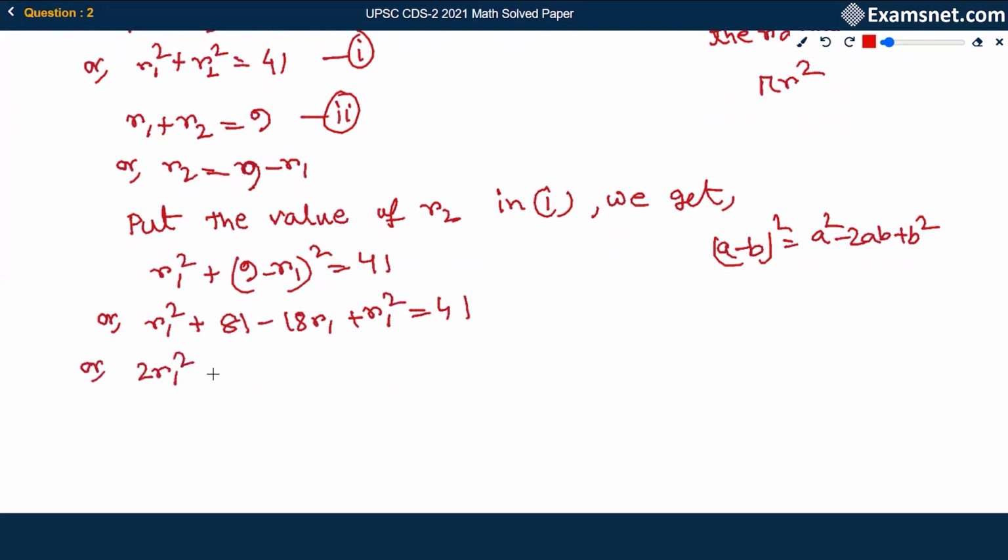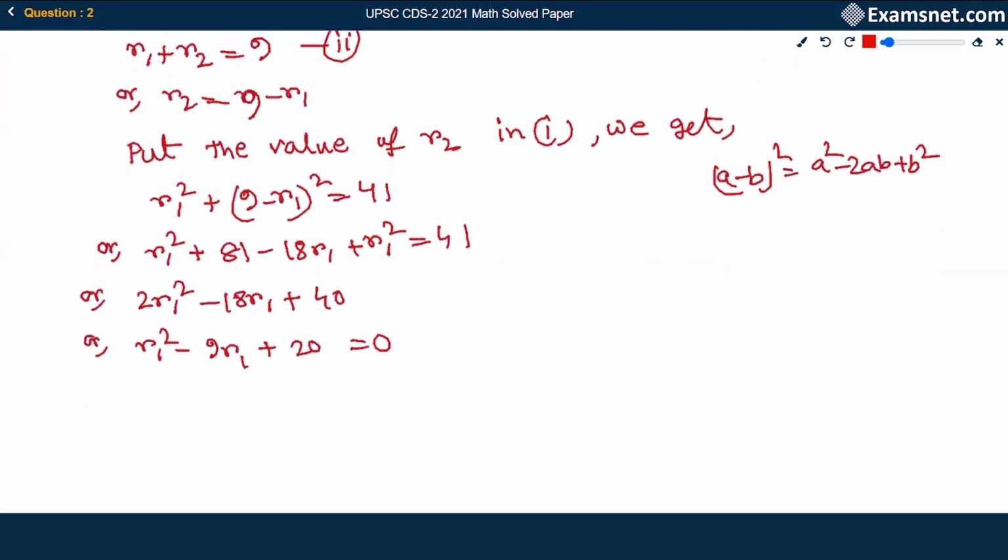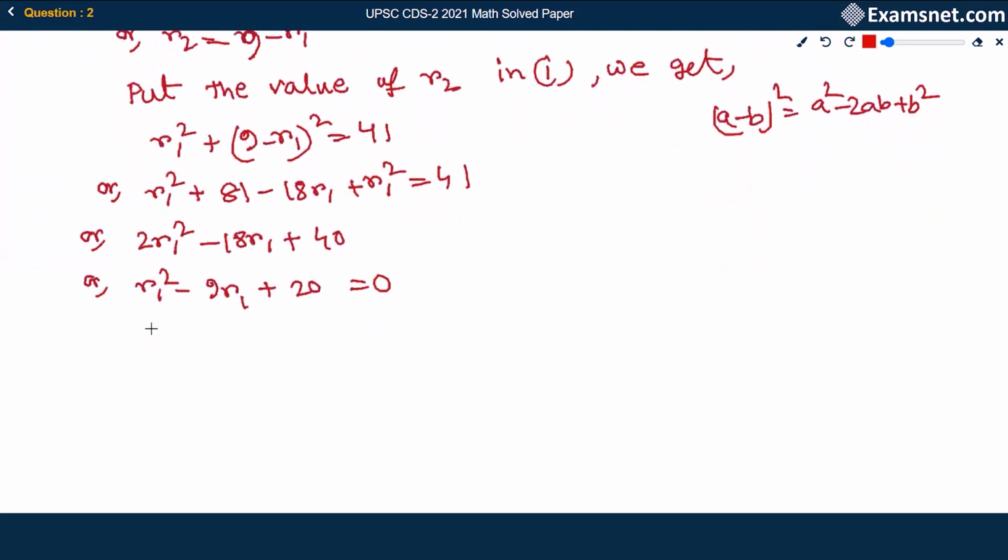So here, we get 2R1 square minus 18 R1 plus 40 equals 0. Now we can easily take common 2, giving R1 square minus 9 R1 plus 20. So further we will factorize it by the middle term method.